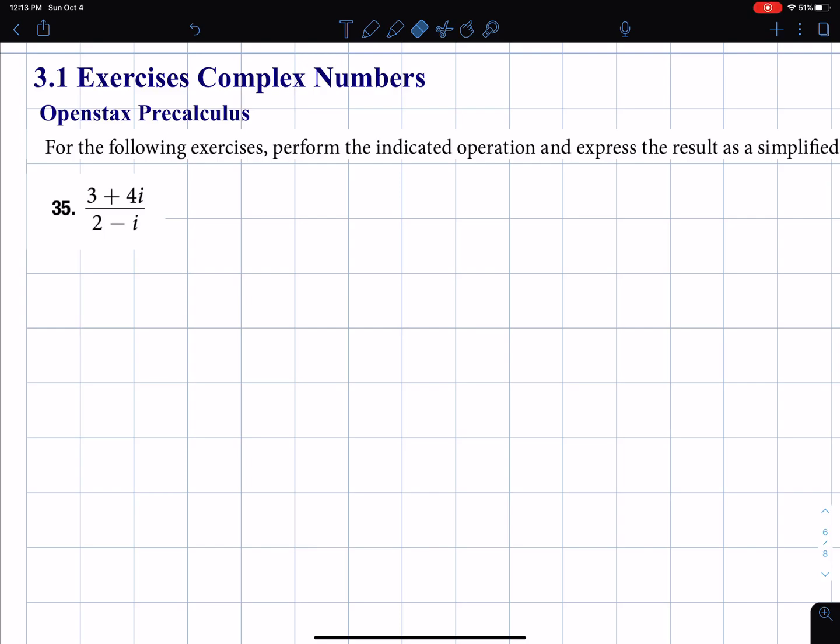Okay, here we're doing 3.1, number 35 from OpenStax Precalculus. We're taking this 3 plus 4i and we're going to divide by 2 minus i.